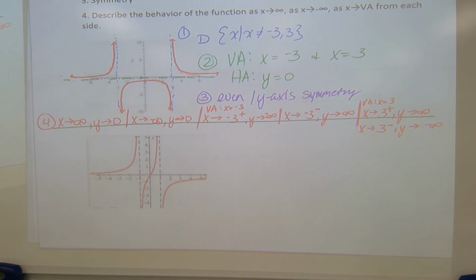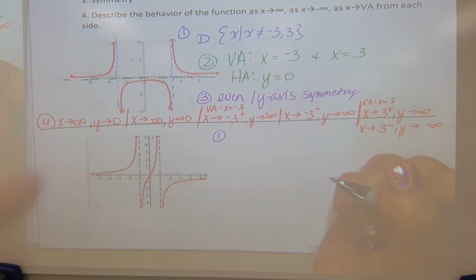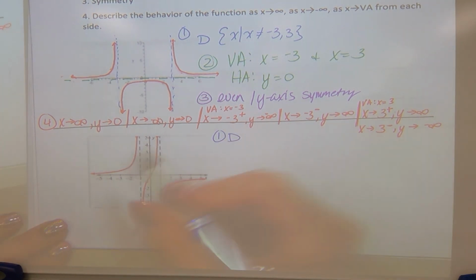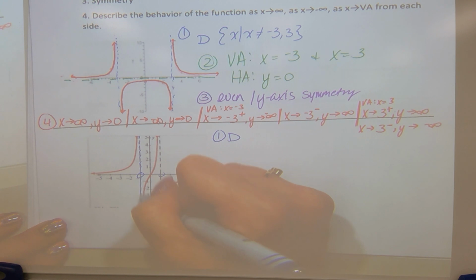All right, let's work through these four for this next graph. Again, I have two vertical asymptotes and one horizontal asymptote. First statement, what's my domain? Well, my domain excludes the values for those vertical asymptotes.